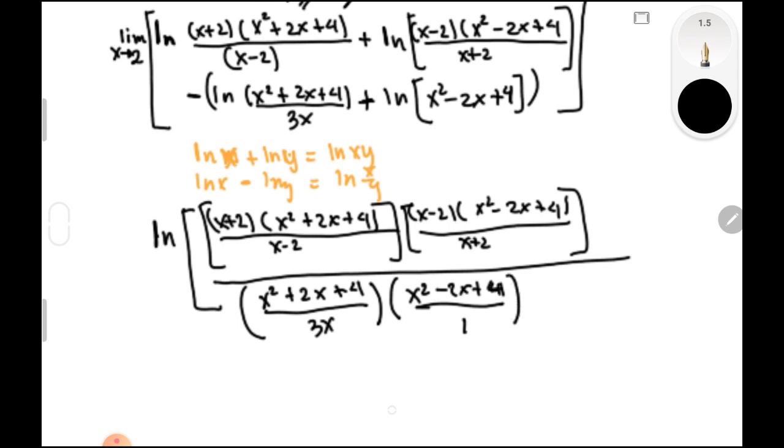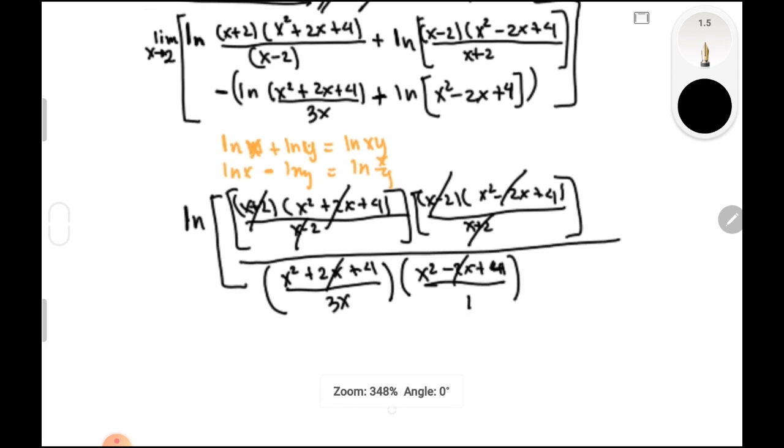So, from this, you can see that x plus 2 divided by x plus 2 is equal to 1. x minus 2 divided by x minus 2 is equal to 1. And of course, x squared minus 2x plus 4 is equal to 1. And x squared plus 2x plus 4 is equal to 1. So therefore, we'll have a value of ln of 1 over 1 divided by 1 over 3x.